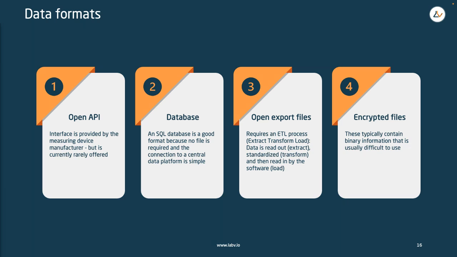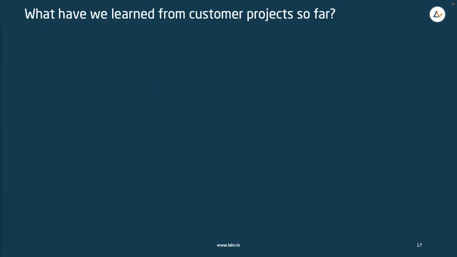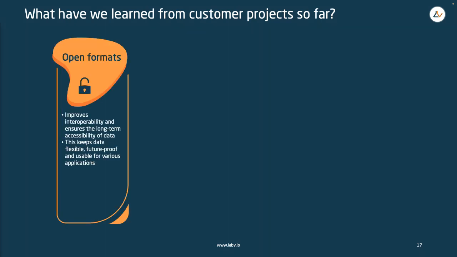To close up this webinar in today's information round, I would like to share 4 more learnings with you, which we learned from customer projects so far in the last years. First of all, go for the open formats. Open data formats are the formats that ensure interoperability and compatibility between different systems and also applications. They facilitate the exchange and also the long-term accessibility of data.